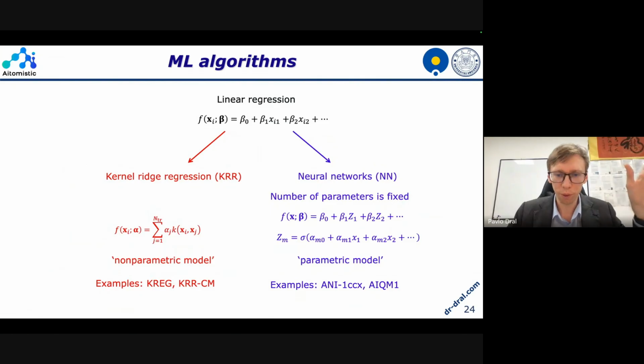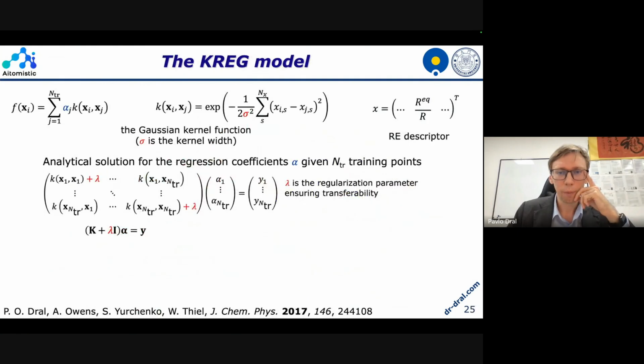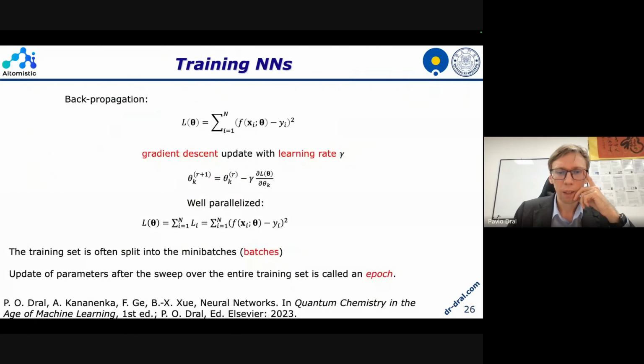I will not go on to describe any more theory about kernel ridge regression, but neural networks have this nice feature that you have a fixed number of parameters and then you just optimize them. Although it also kind of depends now, because there are some message passing approaches which update many things on the fly, but that's a different story.